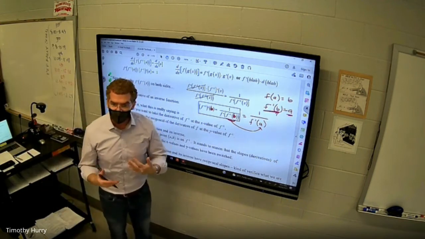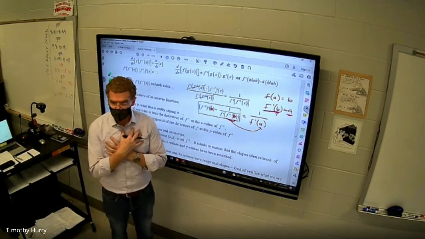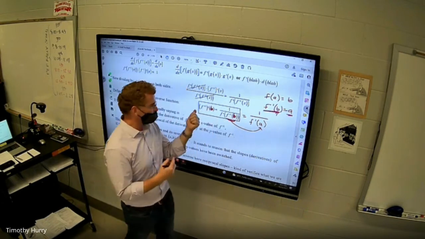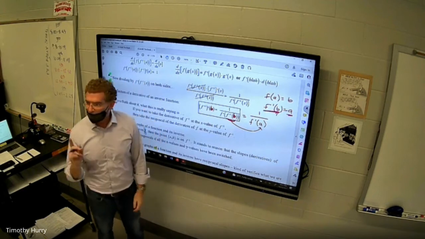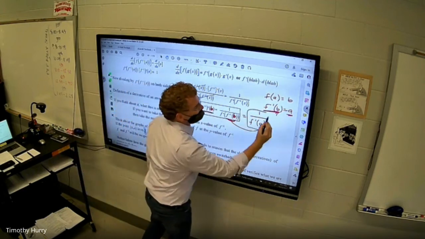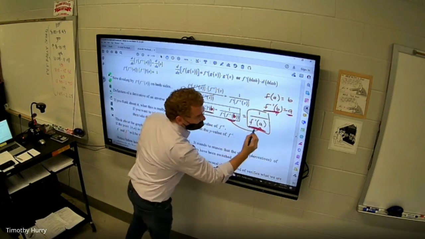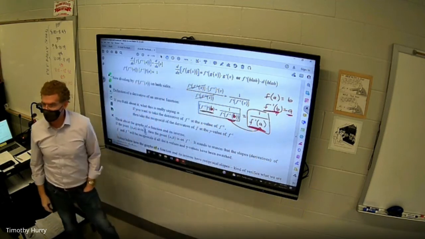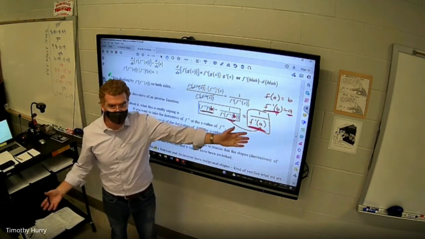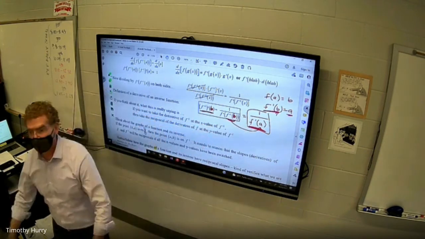So here's how I think you ought to look at these. In the event I can't find the inverse function, that makes it really hard for me to actually take a derivative of it and plug stuff into it. So what I'm going to do is use this, because this means I don't have to take the derivative of the inverse. I can take the derivative of just the f function, and the f function is normally what you're given.